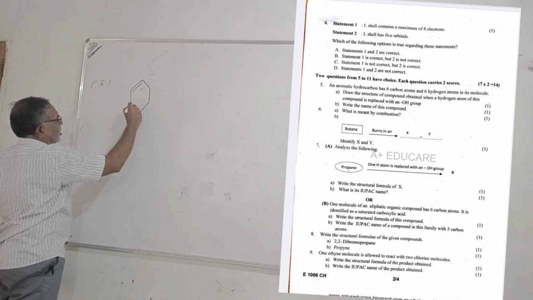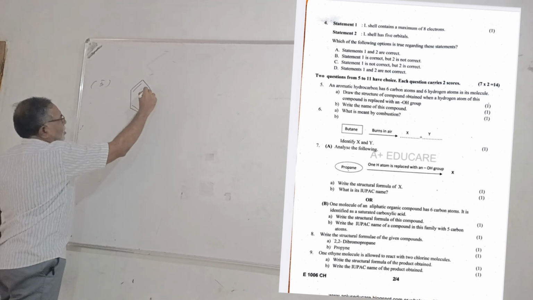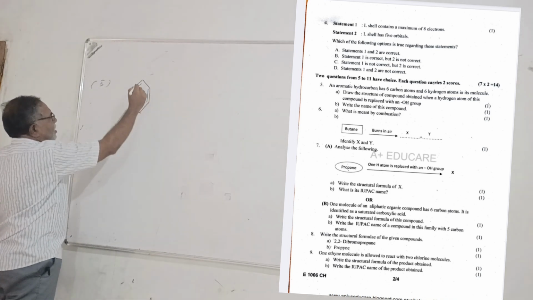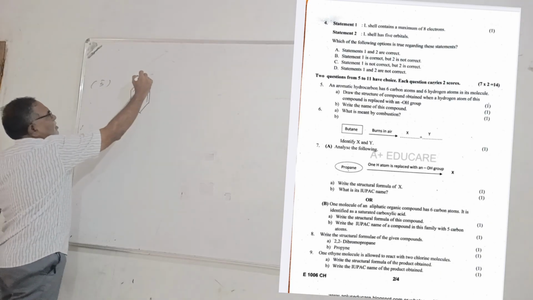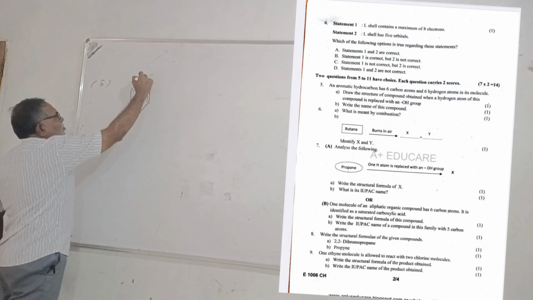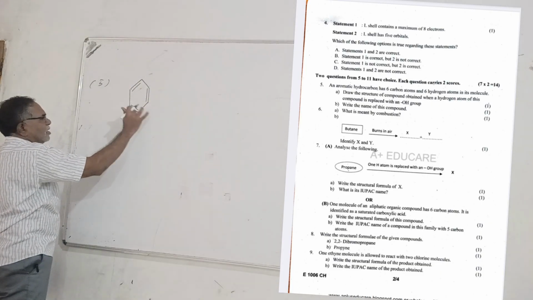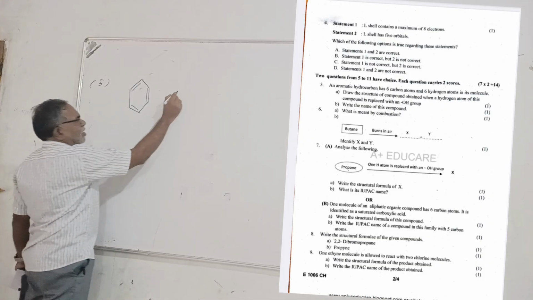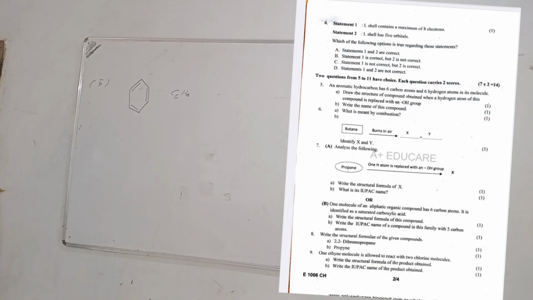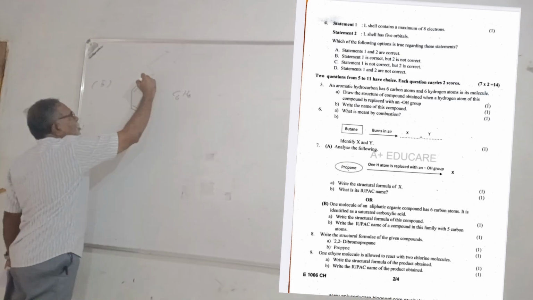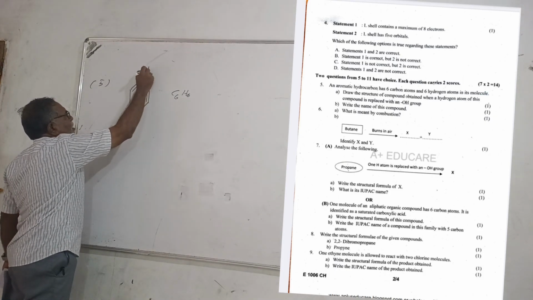Double bond, single bond, double bond, single bond. This is the benzene ring, C6H6. One of the hydrogen atoms is removed and replaced with OH, so we can write it like this, with OH.